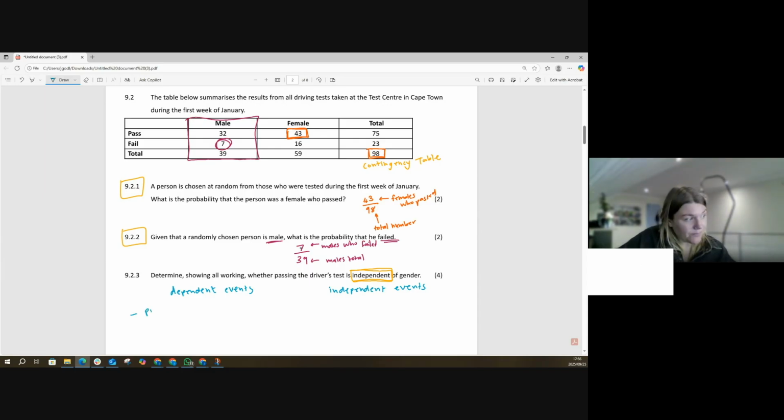So the probability will be affected by the previous thing. As an example, how many cards are in a pack of cards? 52. Okay, so we have 52 cards.